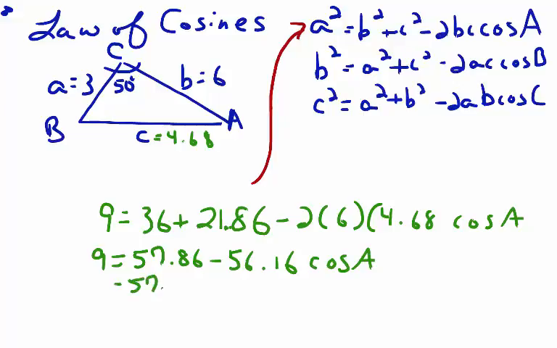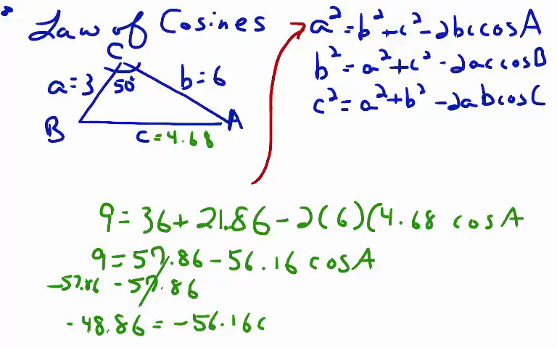Now we subtract 57.86 from both sides using algebra. So we have negative 48.86 equals negative 56.16 cosine A. Then we divide negative 56.16 from both sides.